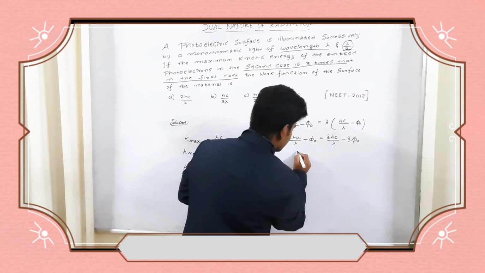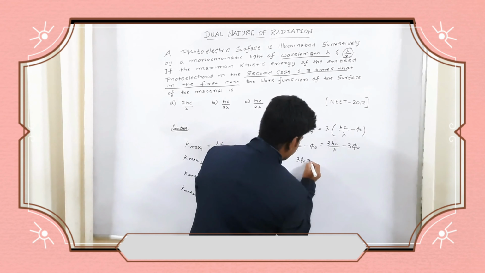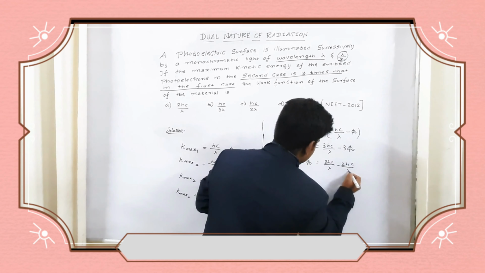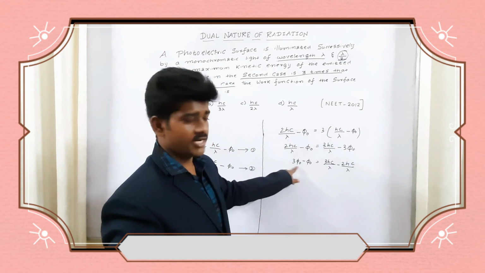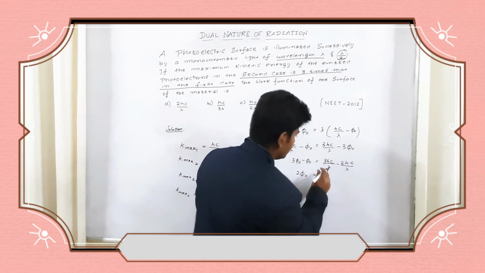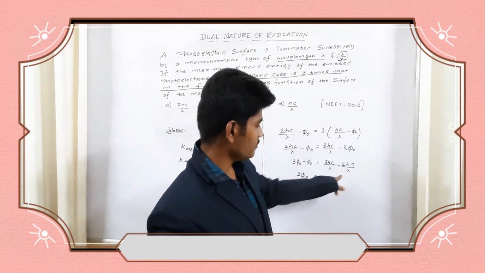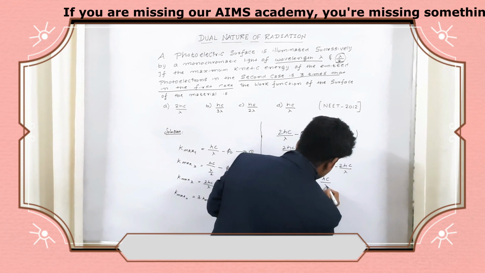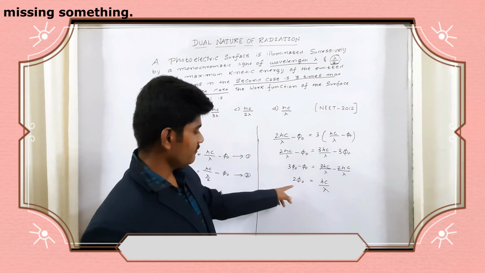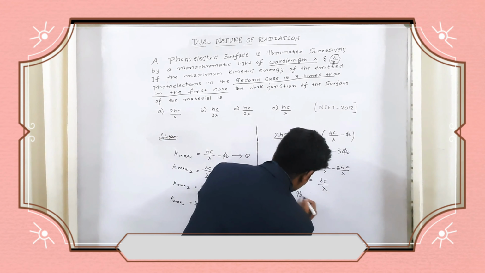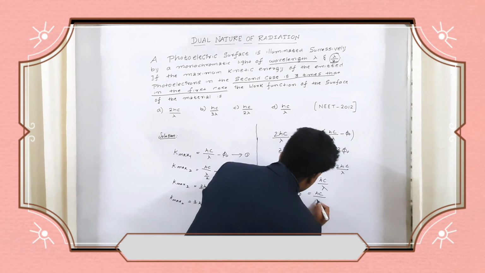We write 3 phi naught minus phi naught is equal to 3 Hc by lambda minus 2 Hc by lambda. 3 phi naught minus phi naught is equal to 2 phi naught, which is equal to 3 Hc by lambda minus 2 Hc by lambda, which is equal to Hc by lambda. Here we transfer 2 to the denominator, then the equation becomes phi naught is equal to Hc by 2 lambda.